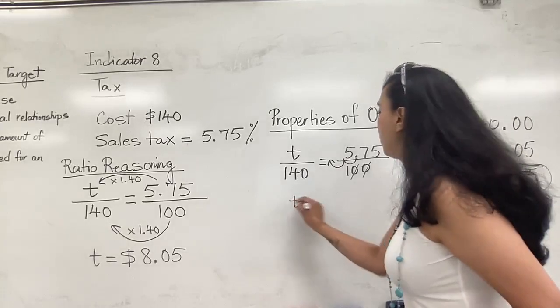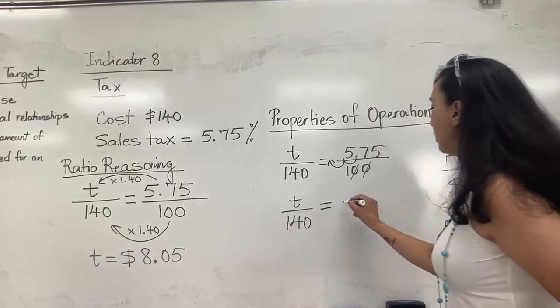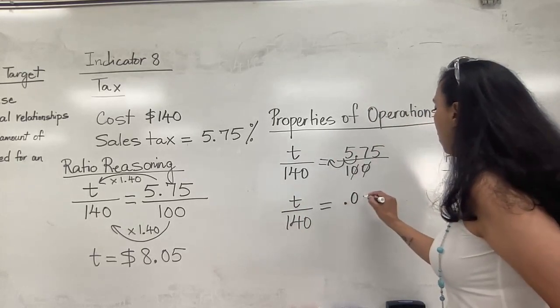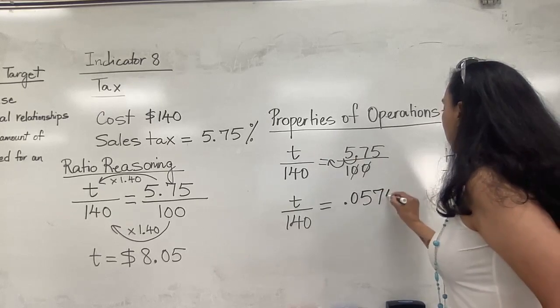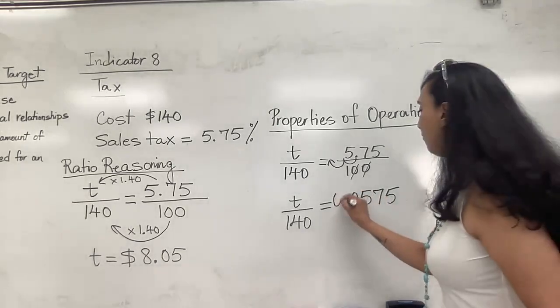So what I'm left with is T over 140 is equal to decimal over here, and then annex a 0, 0, 5, 7, 5. Okay, so this is 575 over 10,000. Okay, and I can put a 0 in front of the decimal.